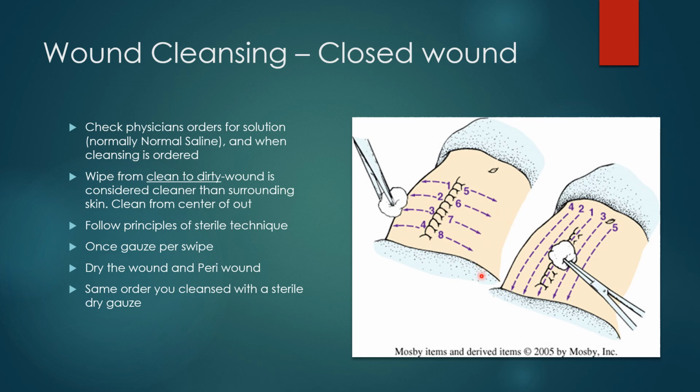As we're cleansing the wounds like this, we need to be mindful of the way that the patient is situated, and remember the sterile principle that fluid flows in the direction of gravity. So if this patient has a part of their body that is higher than the wound, we want to clean that part first.